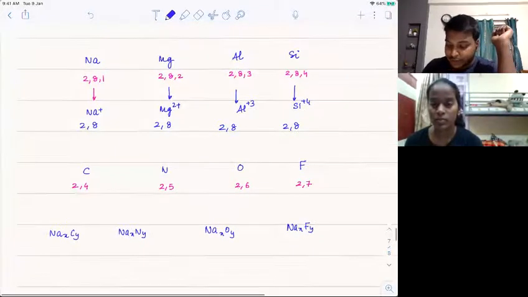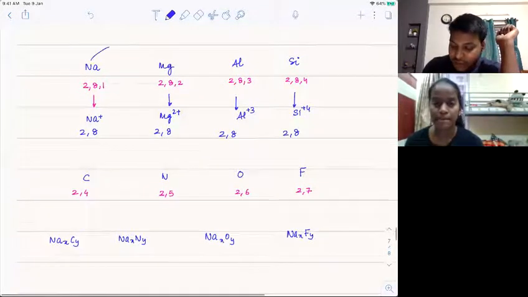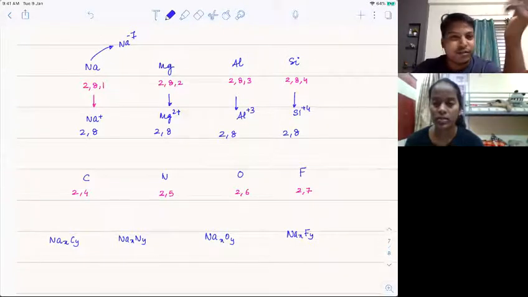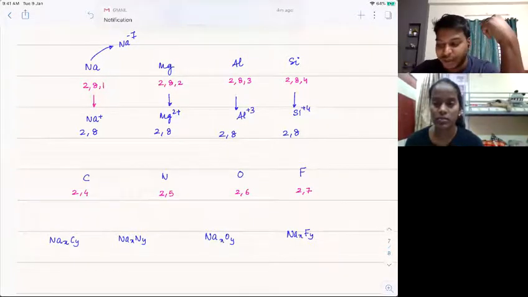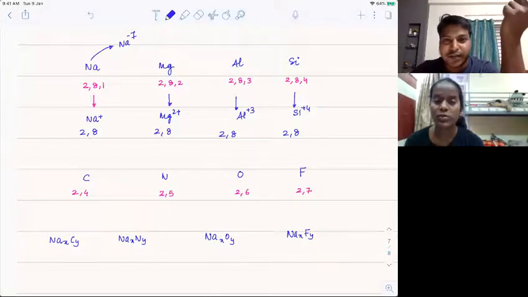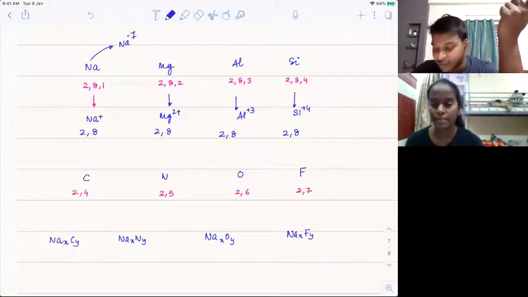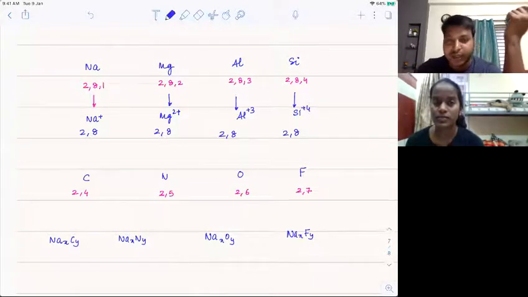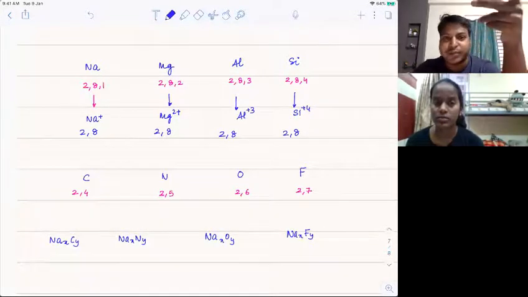The other day also we discussed this. Sodium could also get to Na minus 7 by taking 7 electrons, but losing 1 electron is more favorable. So obviously sodium would never take this route. It would always take the route where it gives the least number of electrons.